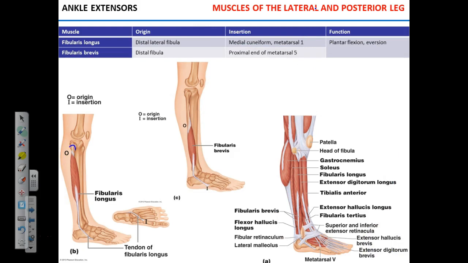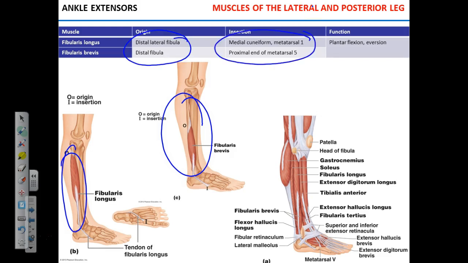Lateral leg, fibularis longus and brevis. 22 is fibularis longus, 25 is fibularis brevis. They originate at the fibula as the lateral bone, and they are inserted into metatarsals 1 and 5.